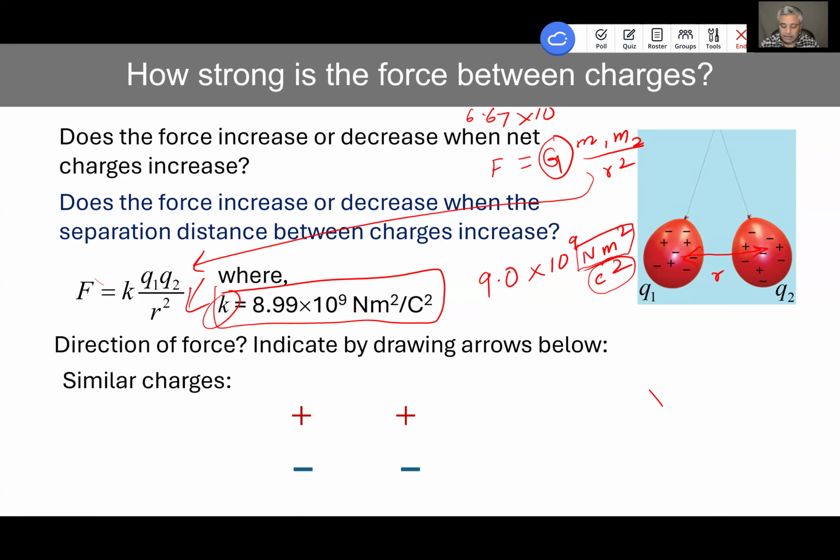If I remember correctly, it is 10 to the power negative 11, but this is 10 to the power positive 9. So very strong. The electric force between two charges is very strong compared to the gravitational force between masses. That's why we can easily experience electric forces even for small objects, but we don't experience the gravitational force between two masses, unless one or both masses are huge, planet size, right?